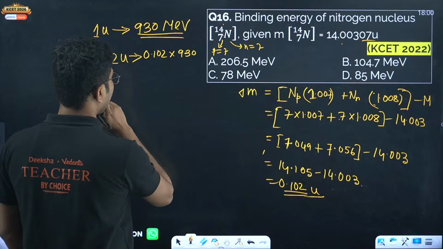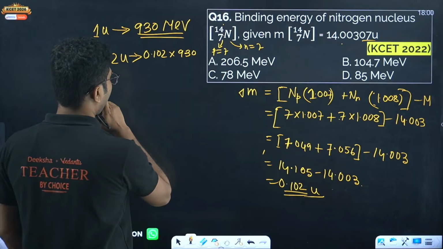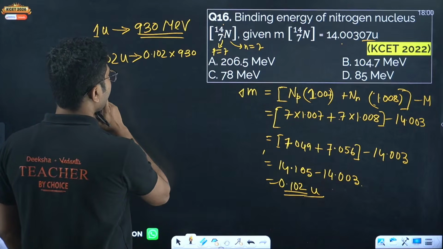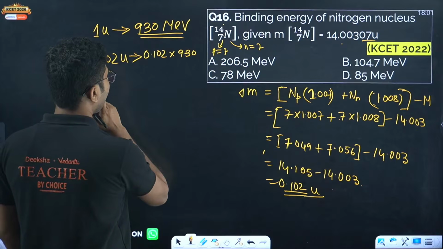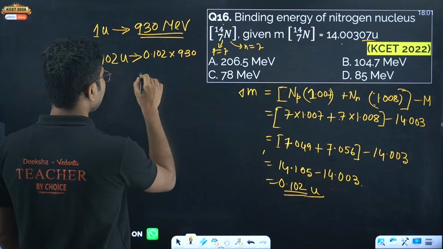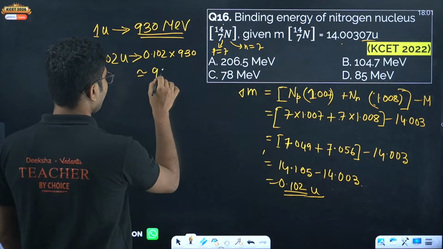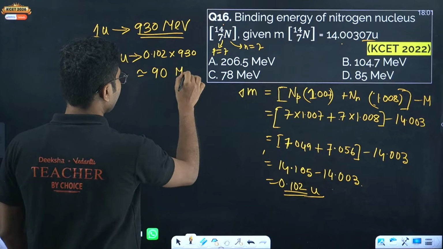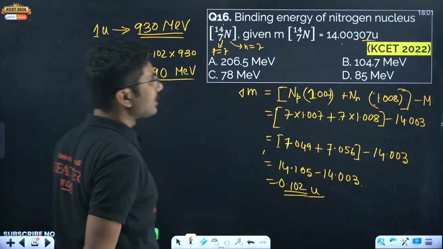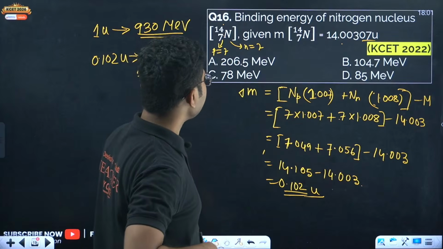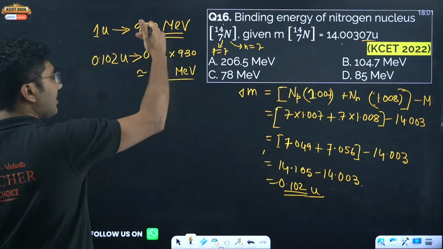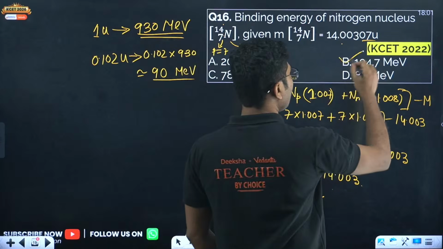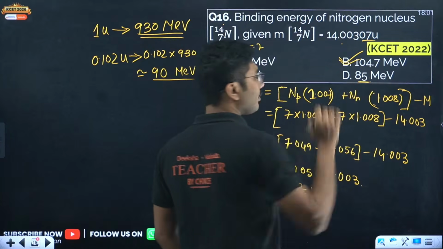Let me take 1.02 times 93, so it will be approximately 90 point something MeV. If you see the closest answer, because we have reduced the values a lot, the closest answer will be not 85 but 104.